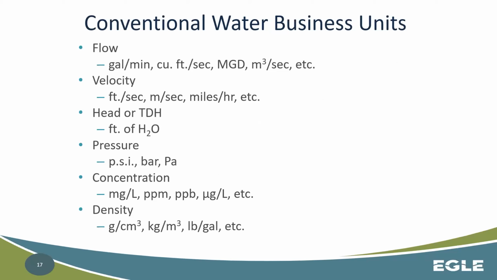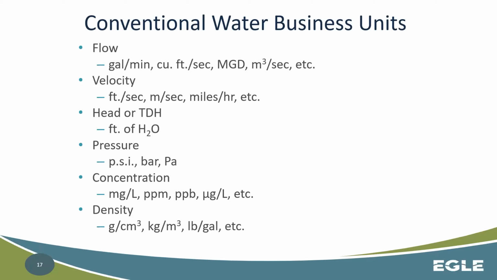Some of the conventional water business units that we use: for flow rate, gallons per minute, cubic feet per second, million gallons per day. For velocity, feet per second, miles per hour, etc. For head or total head, total dynamic head, that's feet of water.